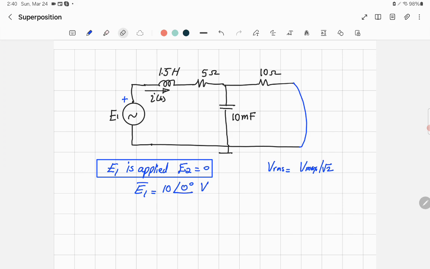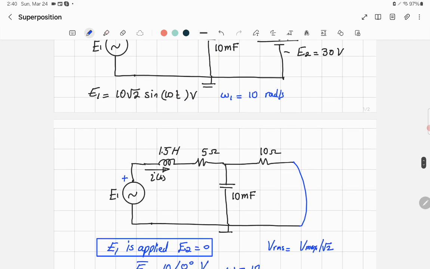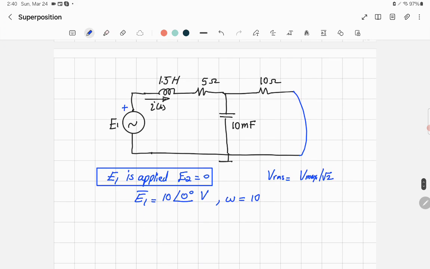Now, second step, I'm going to calculate the value for XL and XC. Remember that omega for this source is equal to 10. I found it's equal to 10. Sine 10t. All right. So 10 radian per second. Now we start to find XL. XL is equal to omega L. Omega is equal to 10, and L is equal to 1.5 henry. That would be equal to 15 ohm.